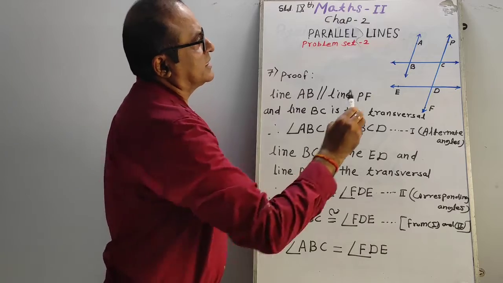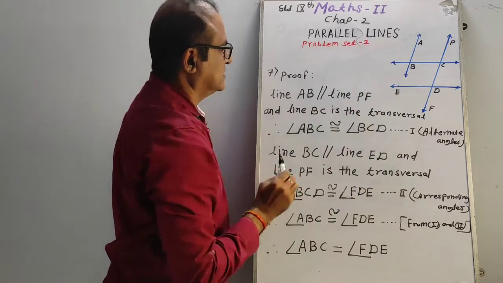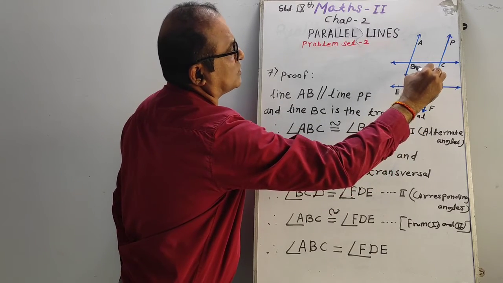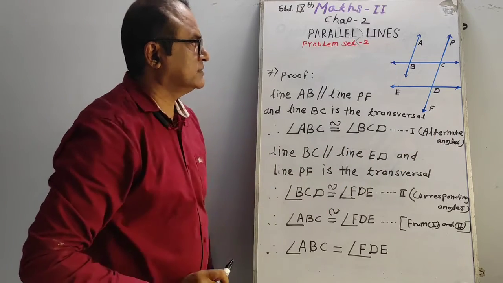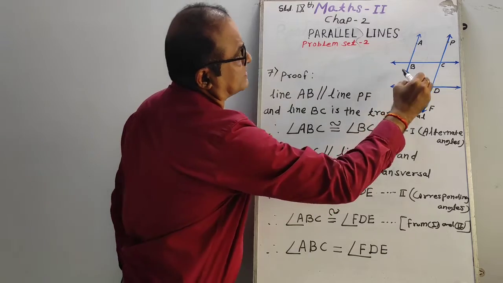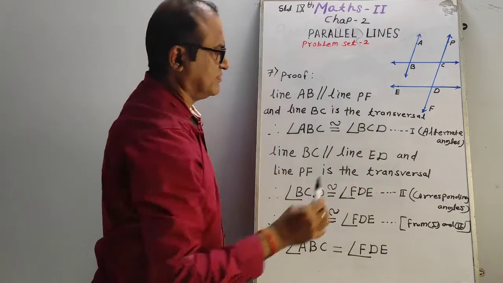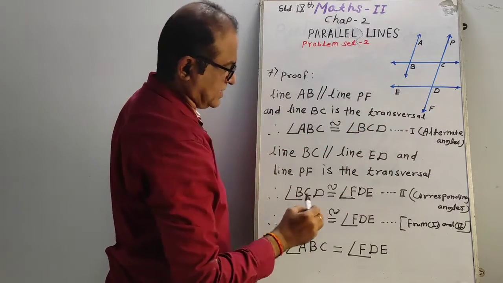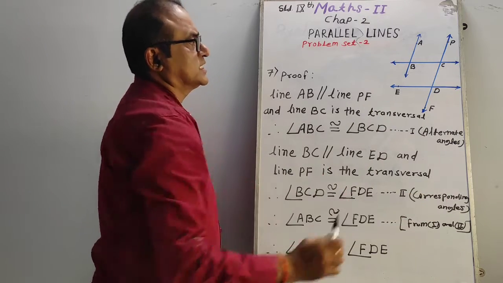Line AB is parallel to line PF and BC is the transversal. Then angle ABC is congruent to angle BCD, alternate angles, 1. Then line BC is parallel to line ED and PF is the transversal. Then angle BCD is congruent to angle FDE, corresponding angles, 2.